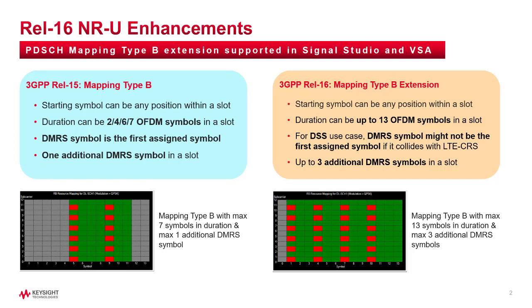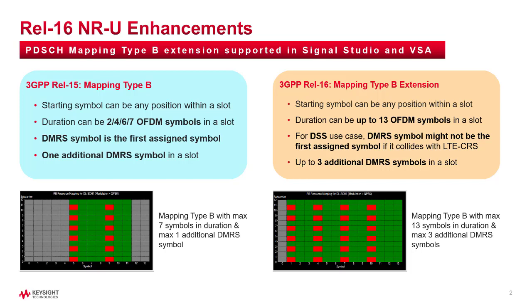In the downlink, PDSCH mapping type B extension is defined in Release 16. The duration of type B PDSCH is extended to a max of 13 symbols, and new additional DMRS positions of pos2 and pos3 are added.